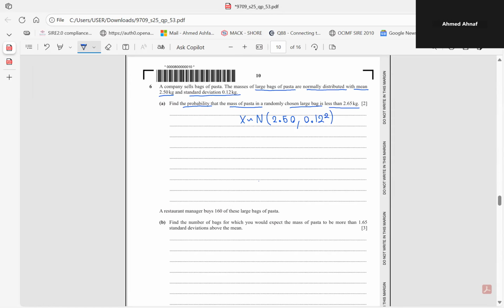So we have to find the probability that X is less than 2.65. To do this, we're going to have to standardize it by finding our z-score. So to do that, just take your 2.65, minus the mean, and divide it by the standard deviation. Okay, let's evaluate it.